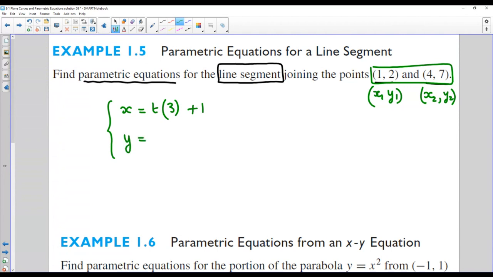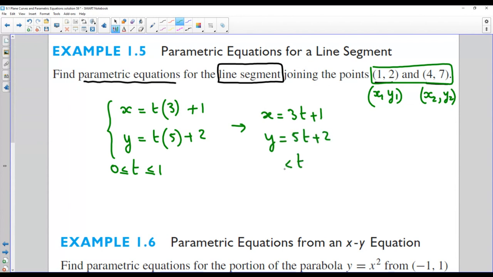And y will be t multiplied by 7 minus 2, which is 5, plus 2 this time, and t from 0 to 1. Therefore, you can say x will be 3t plus 1, y will be 5t plus 2, and t between 0 and 1. These are the parametric equations of the line segment from 1, 2 to 4, 7.